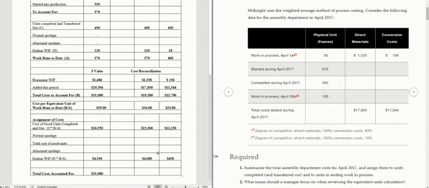So the whole idea of this kind of a report is to show the physical units in, the physical units out. Step one. Using the separate categories of inputs and the concept of equivalent units, I can calculate my cost per unit for each of those different types of inputs.